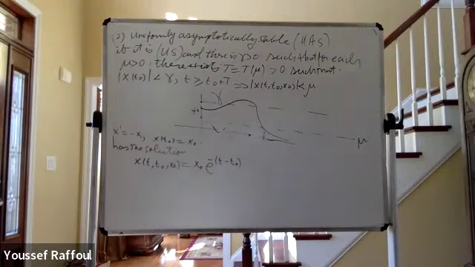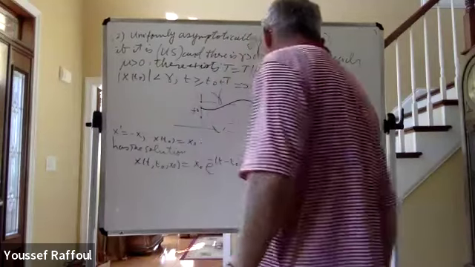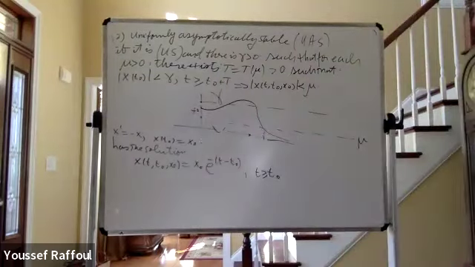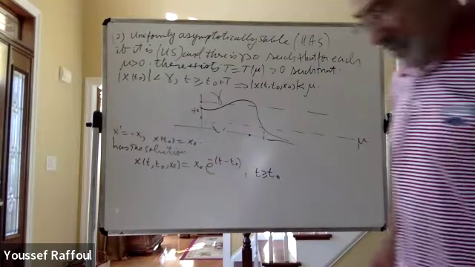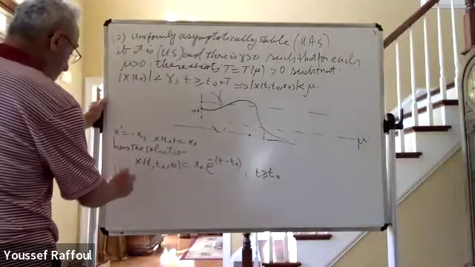And this is for t bigger or equal to t naught. And this solution exists for all time. So we need to show it's uniformly stable.